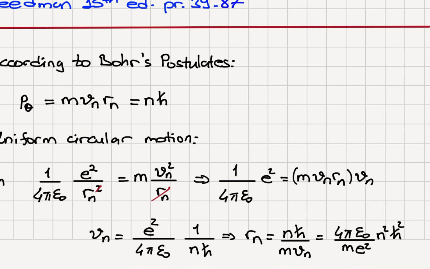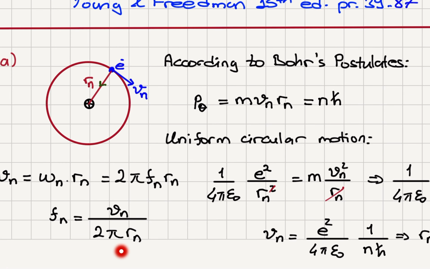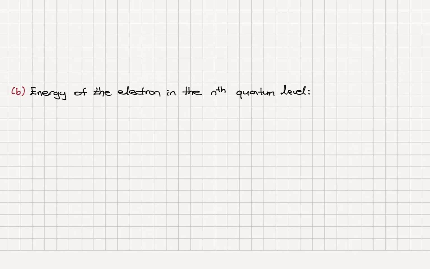So let's check what I did here. n h bar over m multiplied by 1 over v. 1 over v is 4 pi epsilon 0 n h bar divided by e squared, so I will have 4 pi epsilon 0 n h bar, parentheses squared, divided by e squared multiplied by m e squared. Now the frequency is the tangential speed divided by 2 pi times the radius of the orbit, so I can substitute that here.